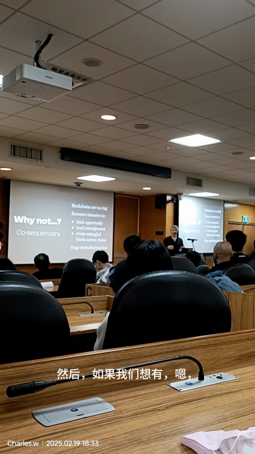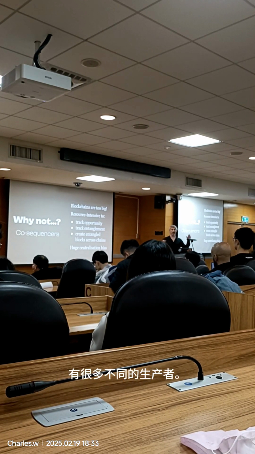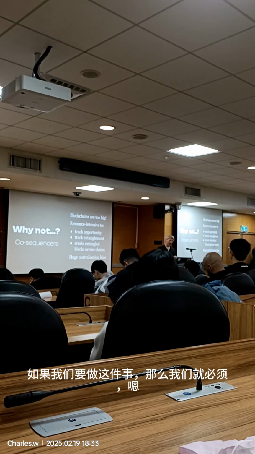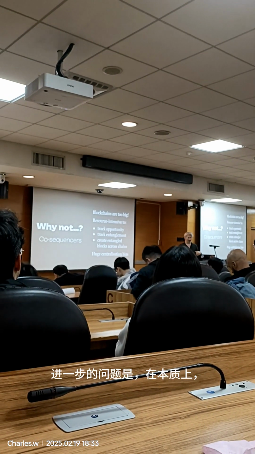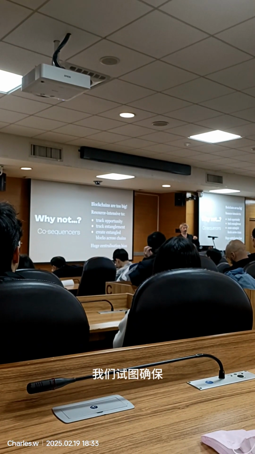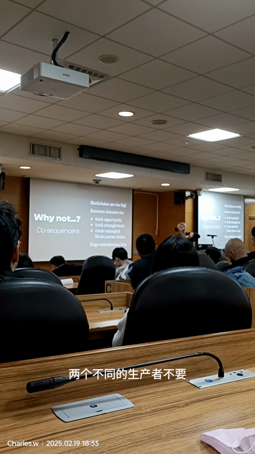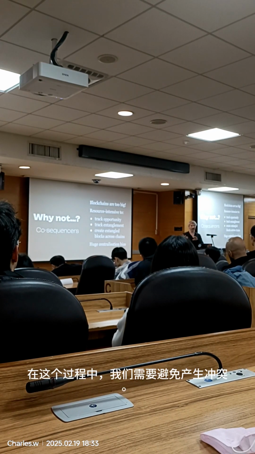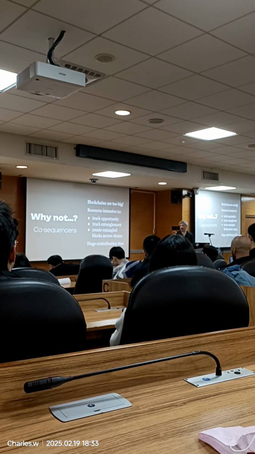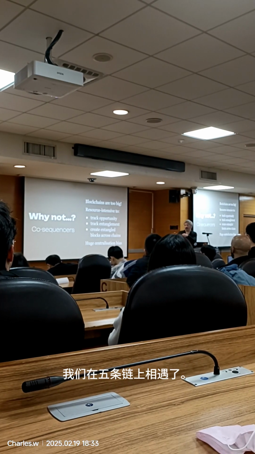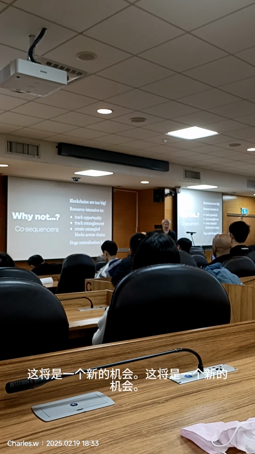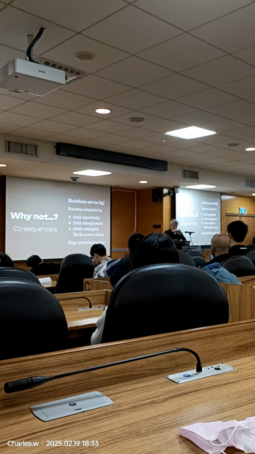And then if we want to have many different producers all doing co-sequencing, then we have a further issue where, in essence, we're trying to make sure that the two different producers don't collide in their co-sequencing attempts. Essentially that if we're co-sequencing five chains, then we don't get four producing blocks, but actually one is part of some other co-sequence set.